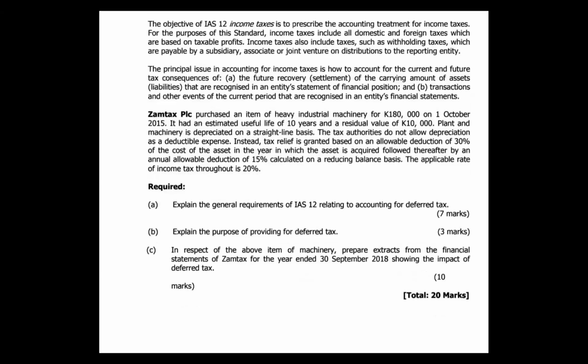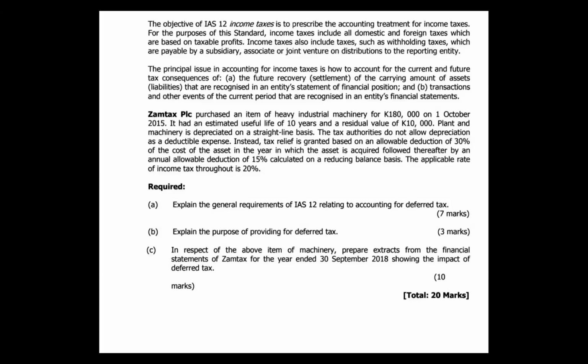Zamtax PLC purchased an item of heavy industrial machinery for $180,000 on October 1, 2015. It had an estimated useful life of 10 years and a residual value of $10,000. Plant and machinery is depreciated on a straight line basis.